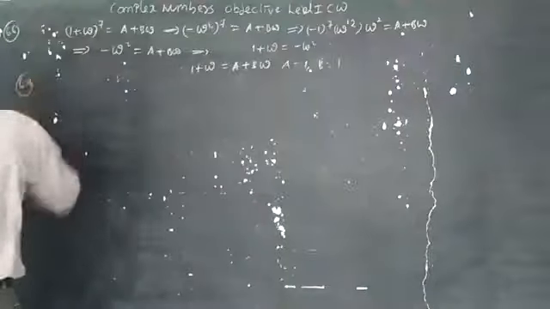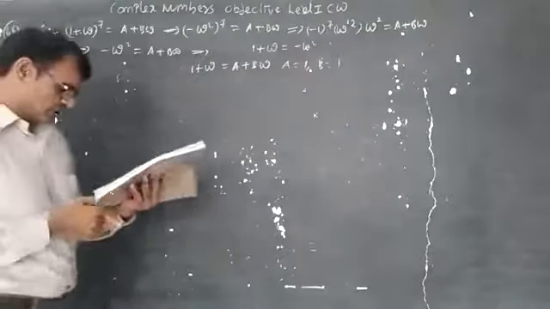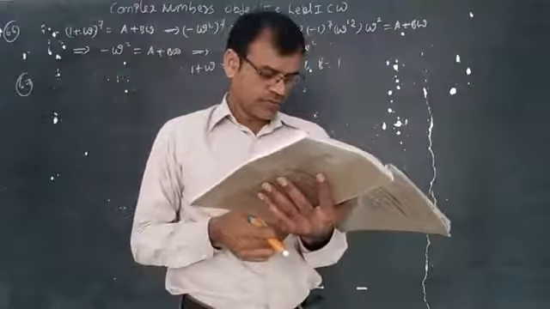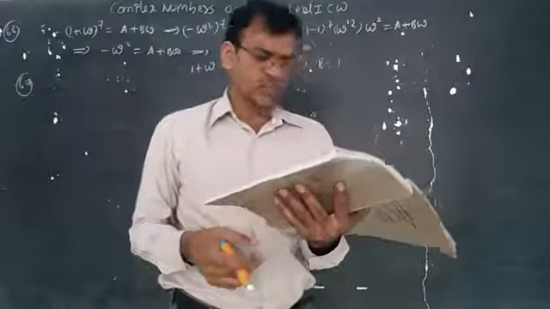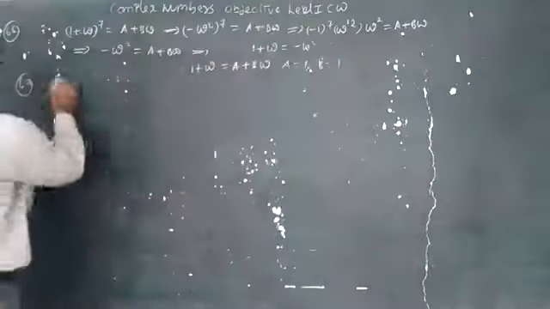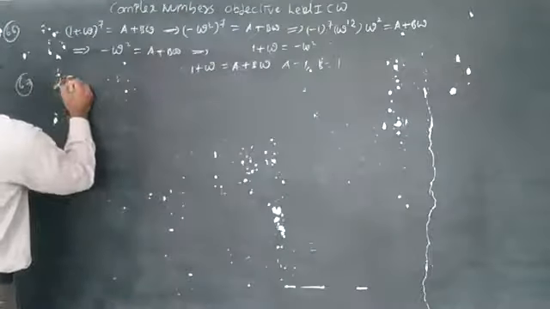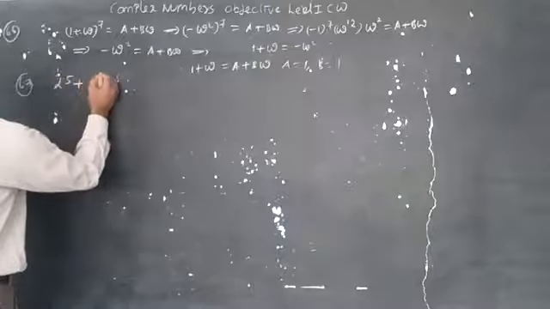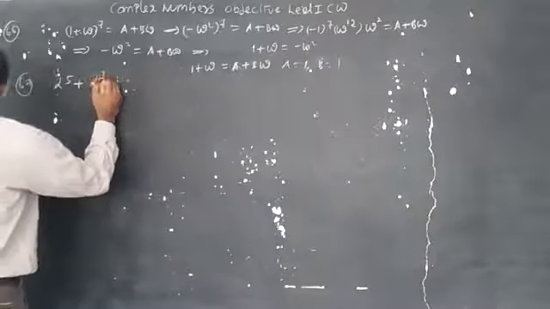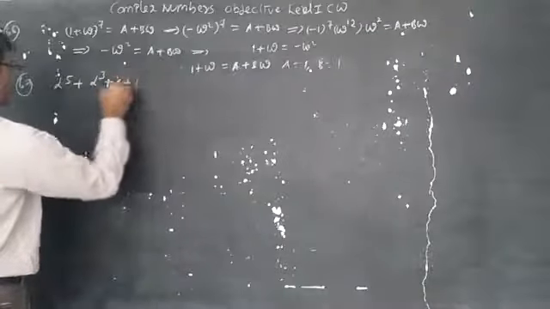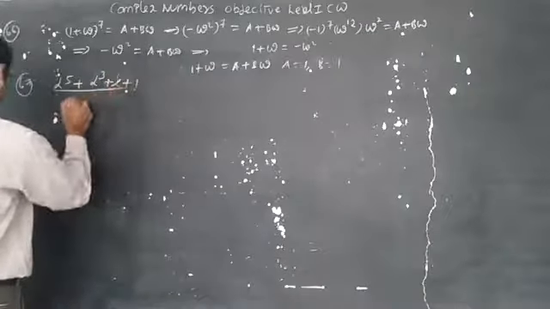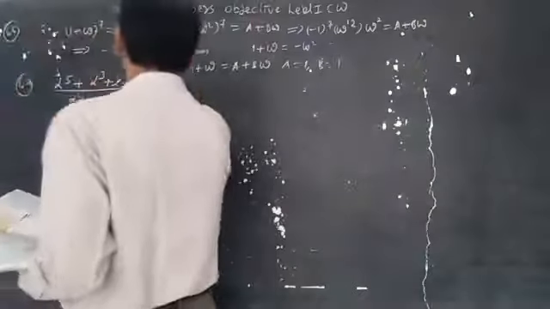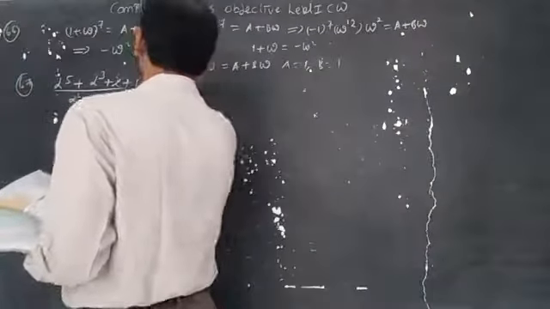67. If alpha is a non-real root of x power 6 is equal to 1, then find alpha power 5 plus alpha cube plus alpha plus 1 by alpha square plus 1. Alpha is a non-real root of x power 6 equal to 1, so you need to calculate this.